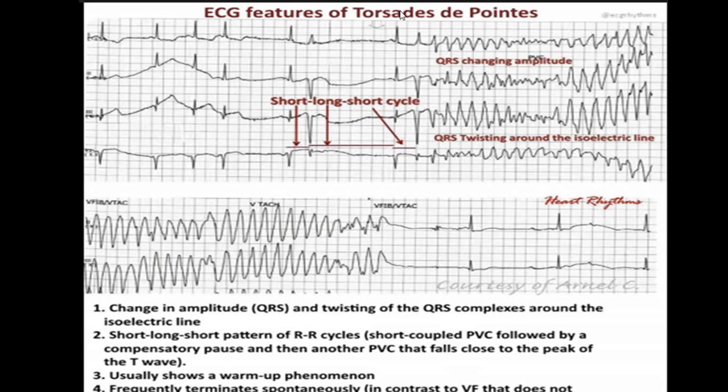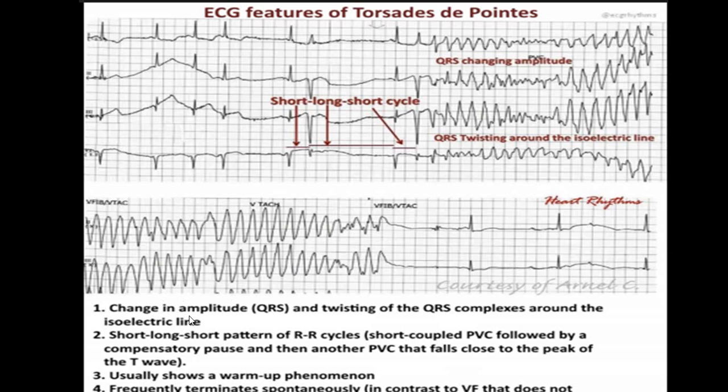So the features of Torsades De Pointes is, we already mentioned, short, long, short cycle followed by polymorphic ventricular tachycardia, which will be twisting around the isoelectric line, or we call axis.